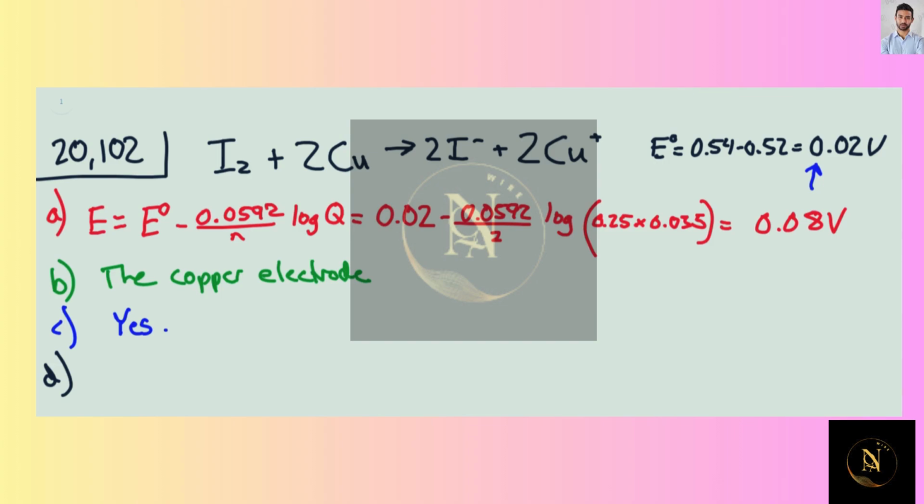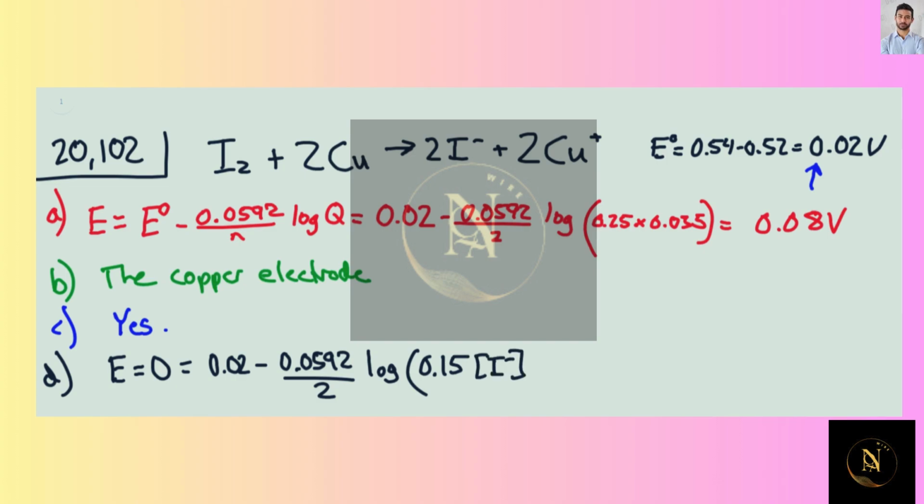And finally, in part D, they ask us if Cu+ were equal to 0.15 molar, at what concentration of I- would the cell have 0 potential? So here they're asking about a situation in which E is equal to 0. So we can go ahead and set up the Nernst equation again: 0.02 minus 0.0592 divided by 2 times the log of 0.15 times iodide concentration.